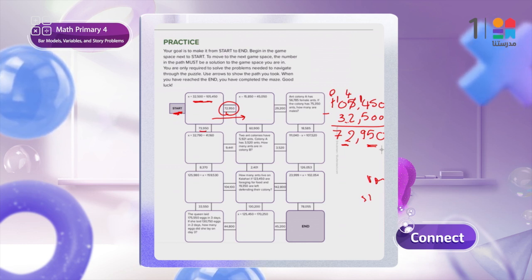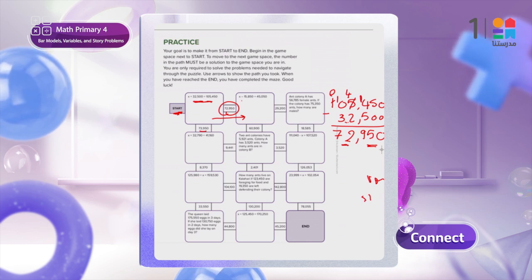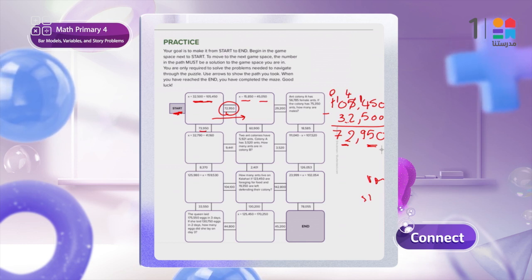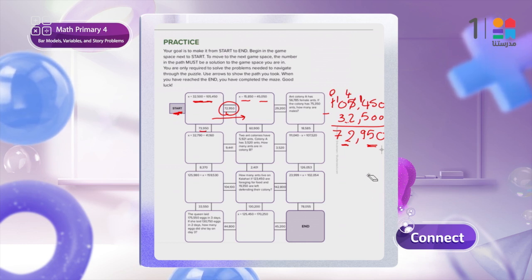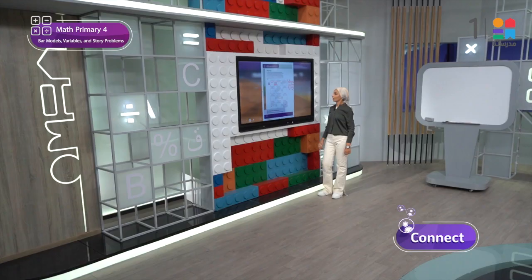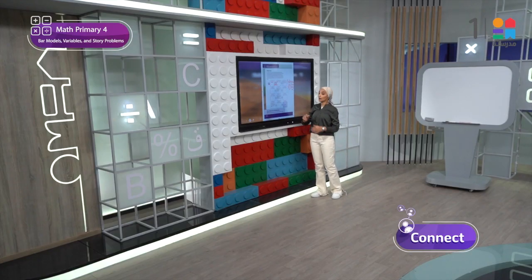The second equation tells me that x minus 15,850 equals 45,050. What should I do? Let's see. I will solve this equation to complete our maze game. Now, as you see here, x is the whole number.